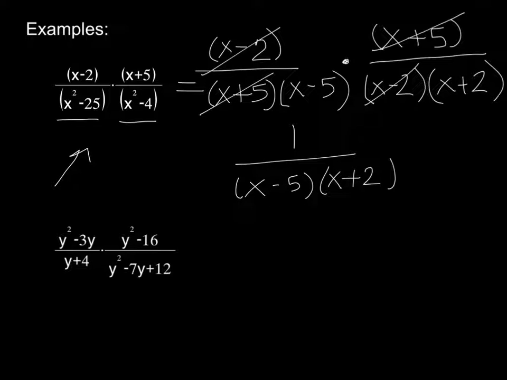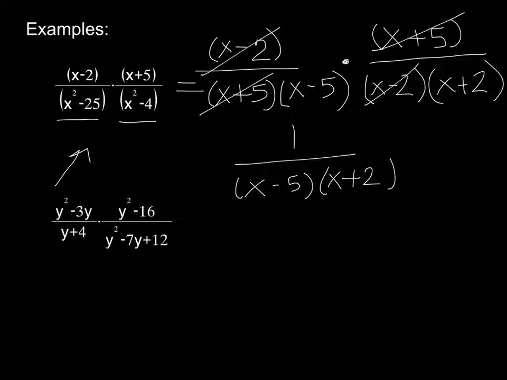For our next example, we have y squared minus 3y divided by y plus 4 times y squared minus 16 over y squared minus 7y plus 12. So let's do the same thing.